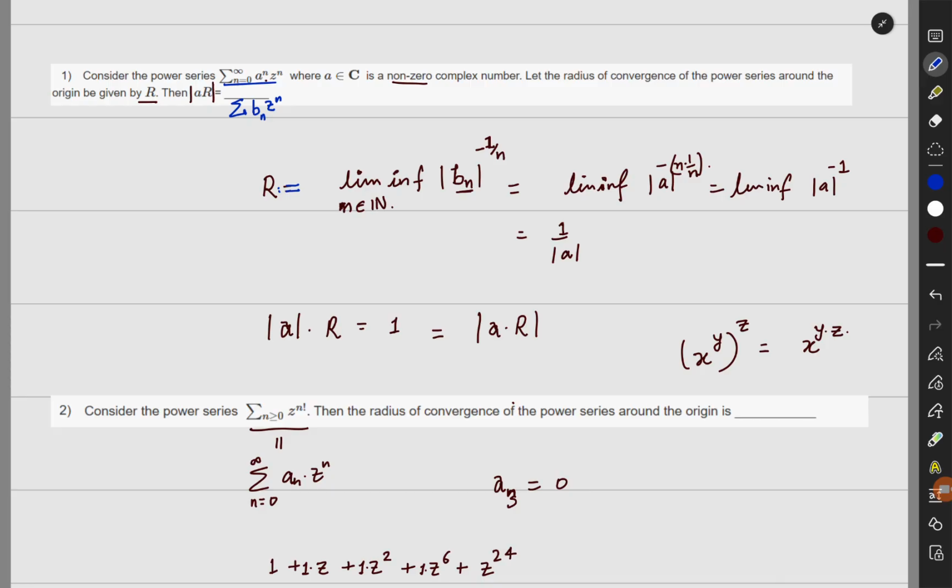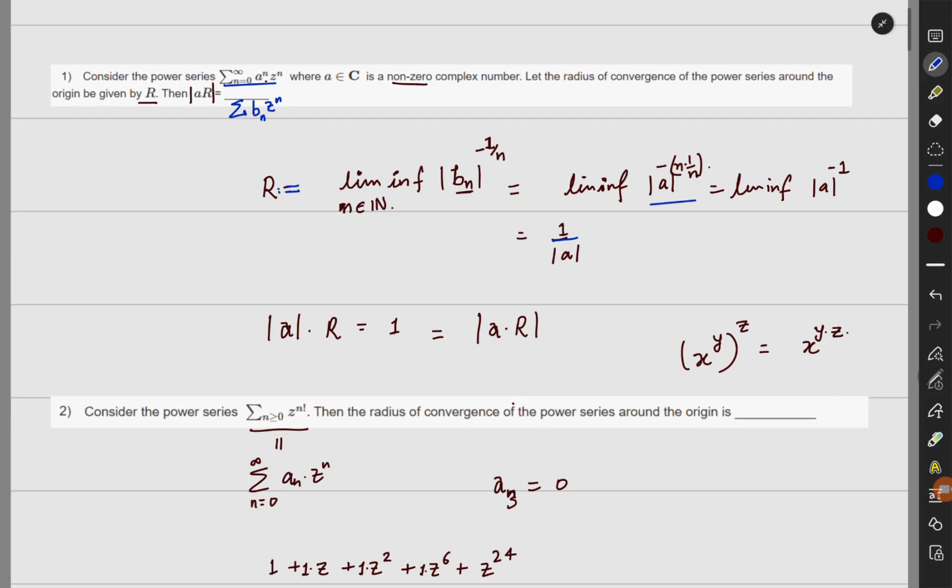In place of bn we just write a to the power n, because a to the power n is the nth coefficient in our power series. So when bn equals a to the power n, the power becomes just minus 1. This is nothing but the limit of a to the power minus 1, which is 1 by a, because for every n this interior part is constant.